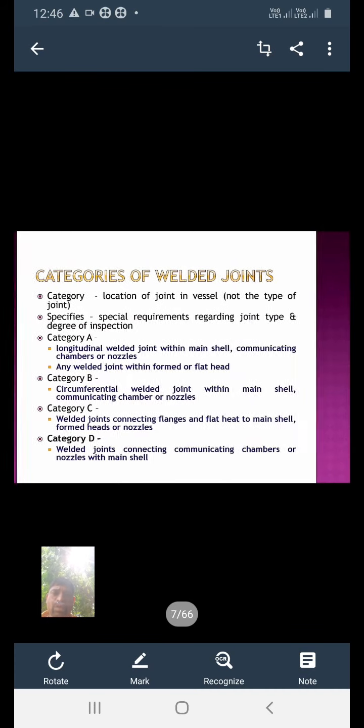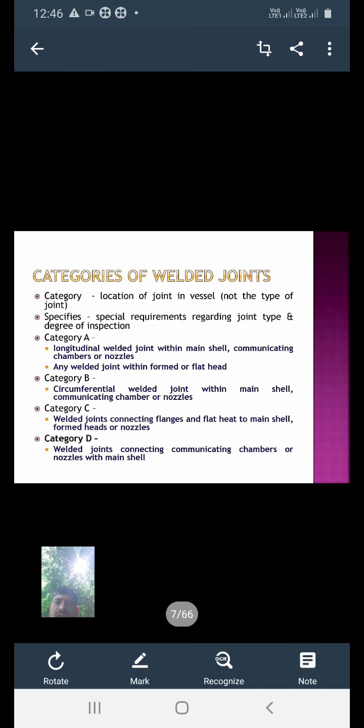You should remember the classification of unfired pressure vessels on the basis of class 1, class 2 and class 3. Okay, next, categories of the welded joint. There are 4 categories given.